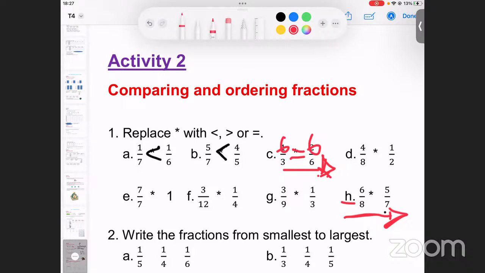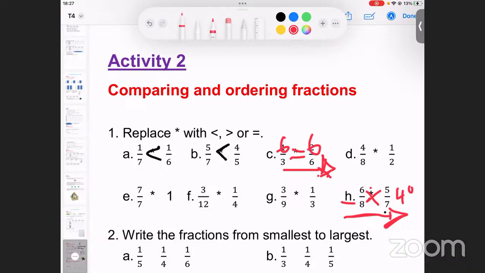Okay, let's try to cross multiply here. So for H, you would times the numerator 8 by 5, and then you would write your answer of 40 on top of the 5, in pencil. Then you would take your denominator 7 and times it by 6, and write your answer of 42 in pencil on top of the 6.